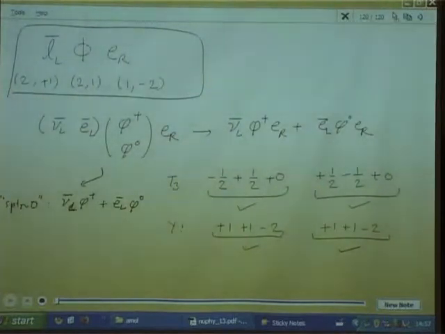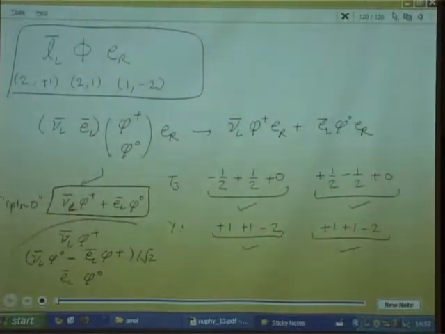It's also another combination. So you might, for example, get something like mu L bar phi plus, EL bar phi 0, and then you can get mu L bar phi 0 minus EL bar phi plus over root 2. So, given two isospin doublets, you can form one isospin singlet, which is this, and you can form one isospin triplet that looks like this.